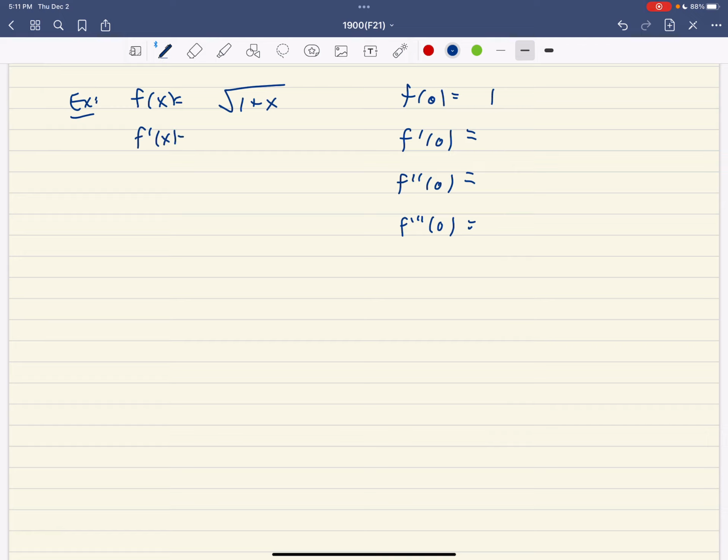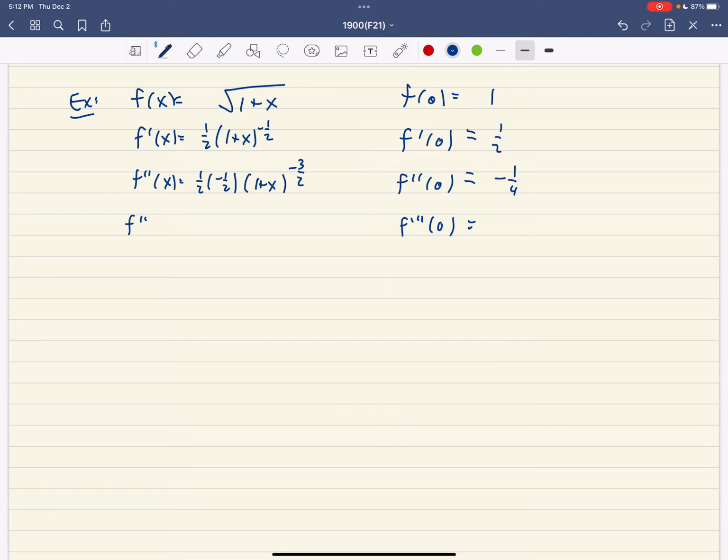F prime, so this is going to be 1/2 times 1 plus x to the negative 1/2. So here, 1 plus x is going to be 1, so to whatever power is 1, so that's 1/2. The second derivative is going to be 1/2 times negative 1/2 times 1 plus x to the negative 3/2, so that's negative 1/4.